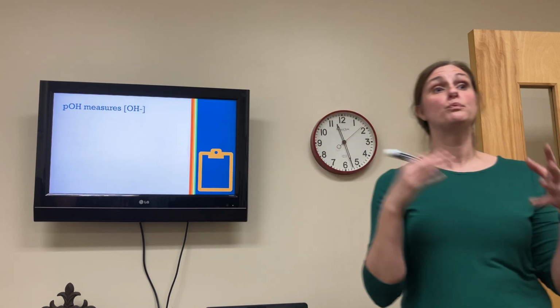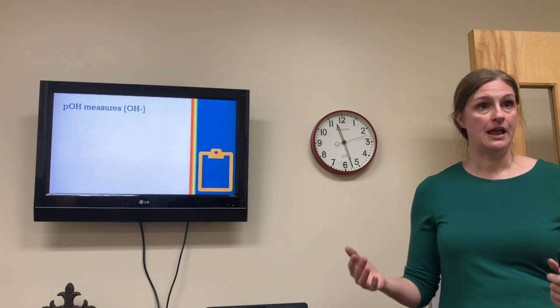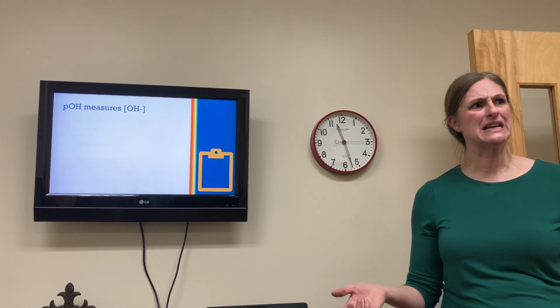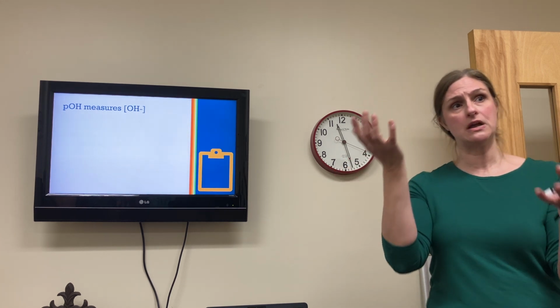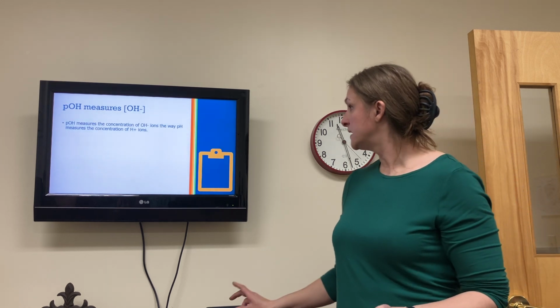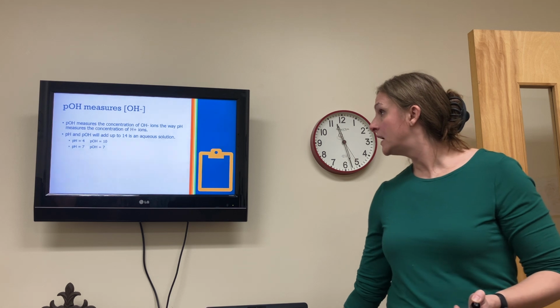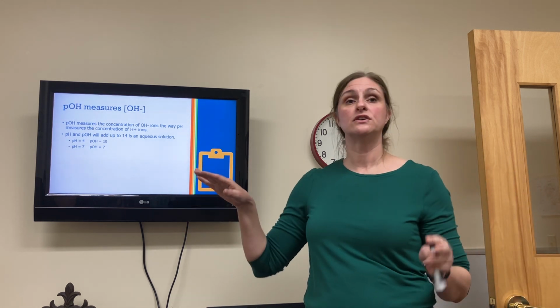So the same way we measure pH by hydrogen ion concentration, we can measure pOH by hydroxide ion concentration. This isn't talked about much because most of the time those two numbers stay in balance. pH goes up, pOH goes down. So pH and pOH will add up to 14.